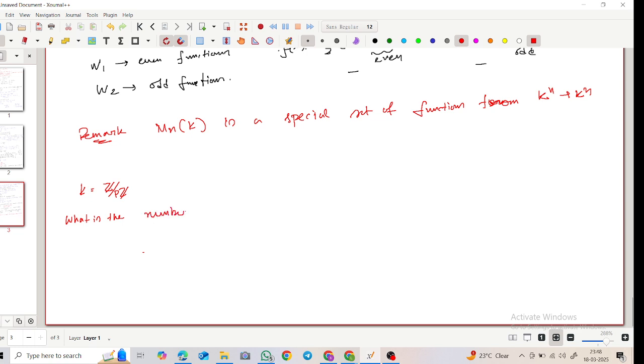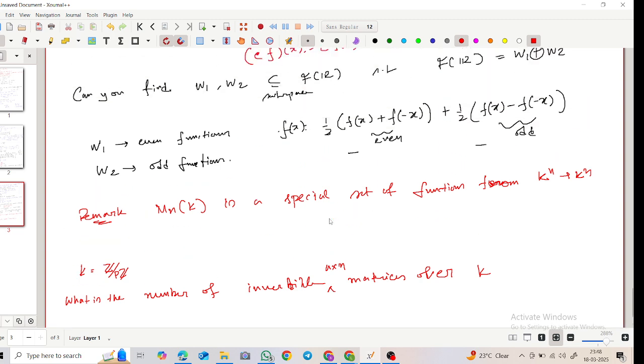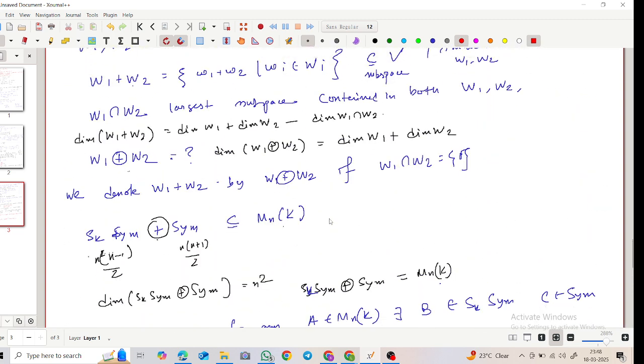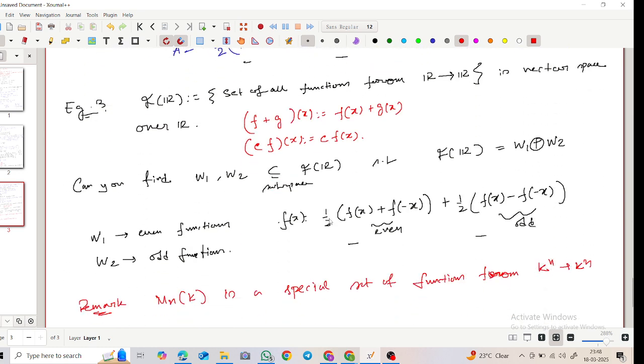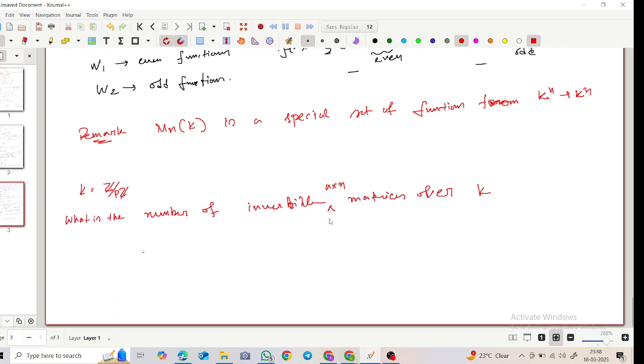Number of invertible matrices. That is the question, I think. Matrices over K. So what is the number of invertible n cross n matrices over K? You know how to do it.